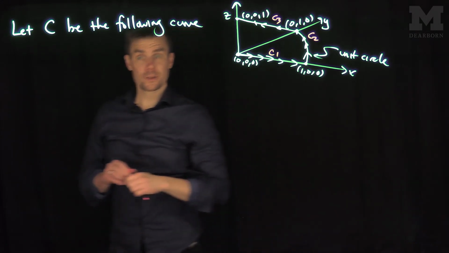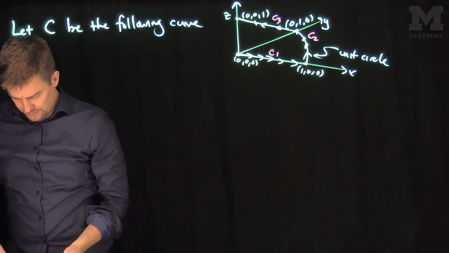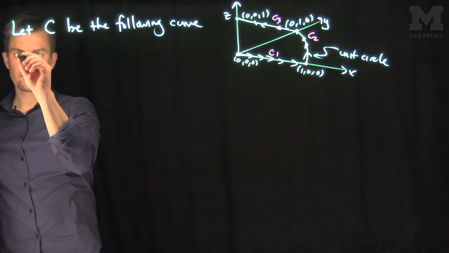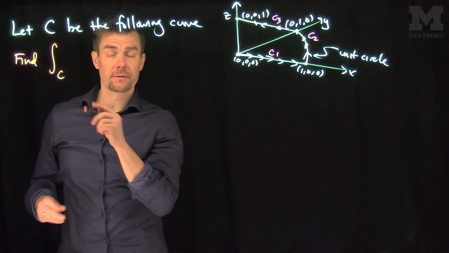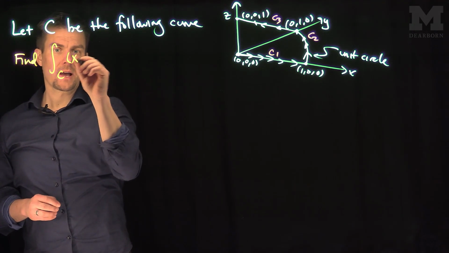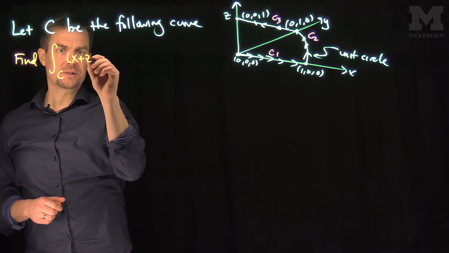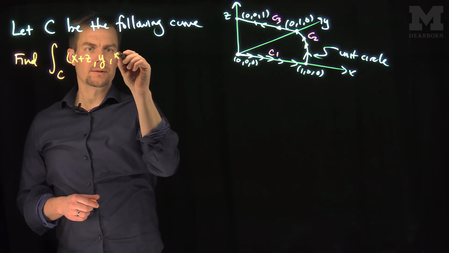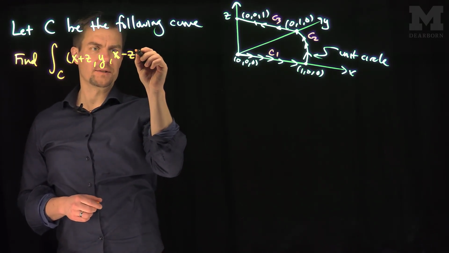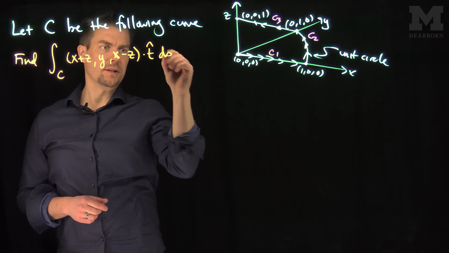Okay? So what I'd like to do is find the flow of the following vector field over C. We're going to look at x plus z, and then y, and then x minus z, dot t hat ds.